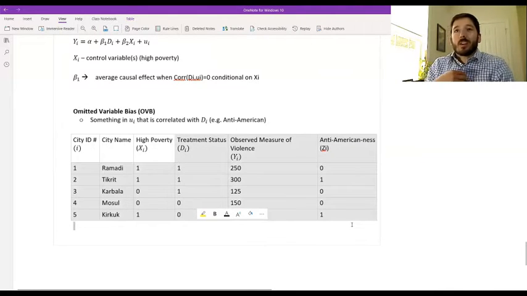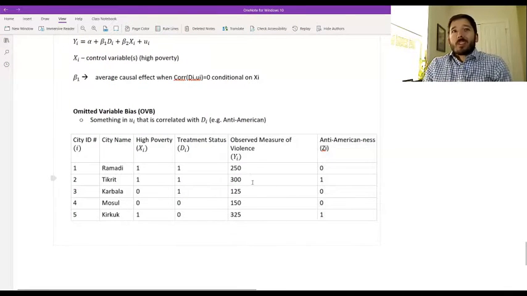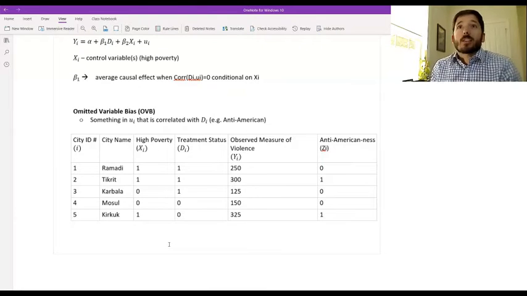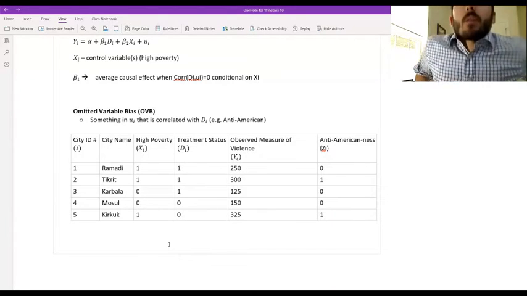That's not going to bias our estimates unless it's related to both of these things. Just because we don't observe everything in the universe doesn't mean our estimates are necessarily biased, unless the thing that we don't observe is related to treatment and our outcome.